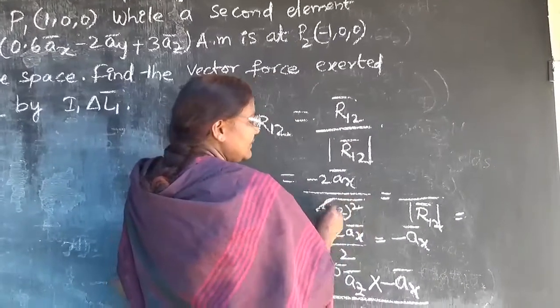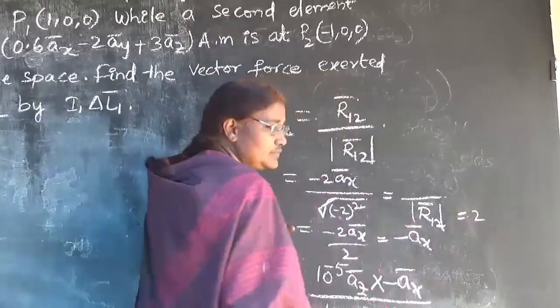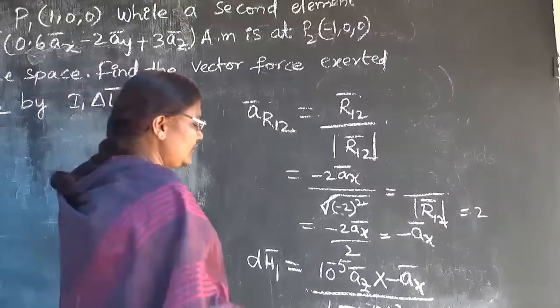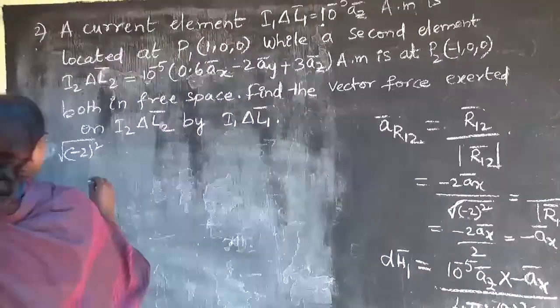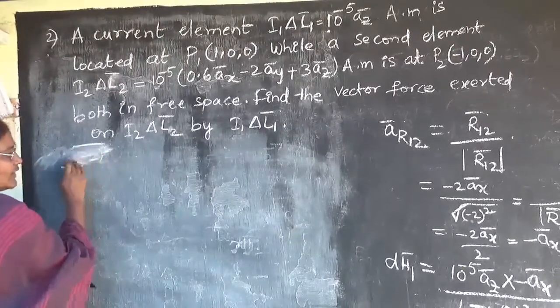Square 2 will be cancelled and it will be 2. So this will be 2 square.